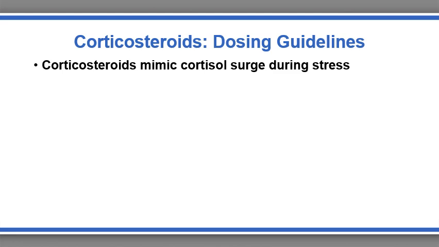Many times as a person is getting these corticosteroids, their body's not going to produce quite as much. So if they're on a long-term prescription, they may get told to take a little bit extra during times of stress.